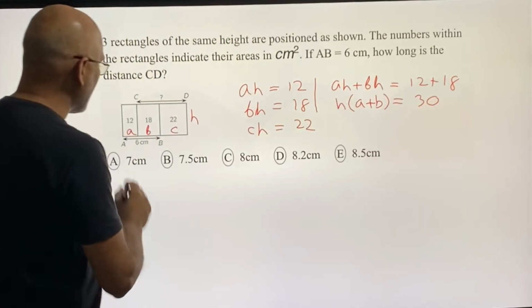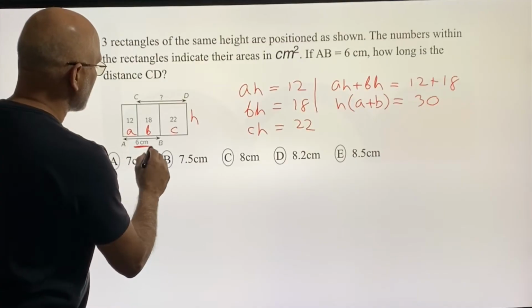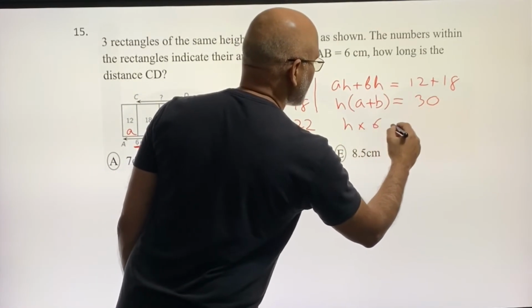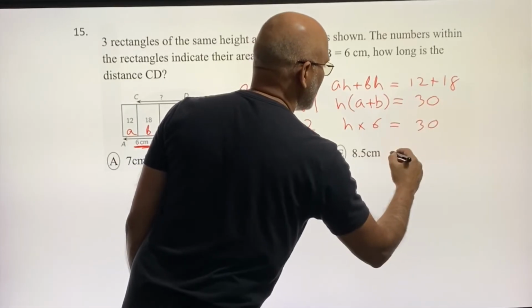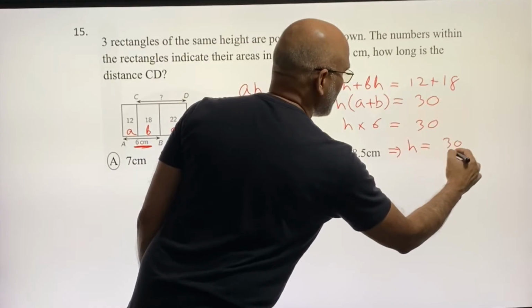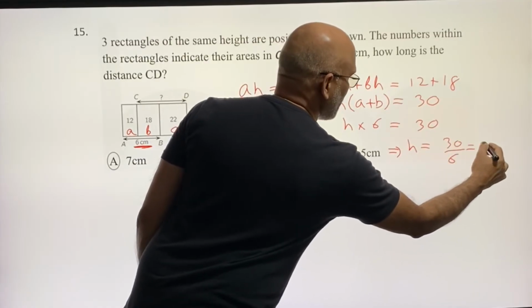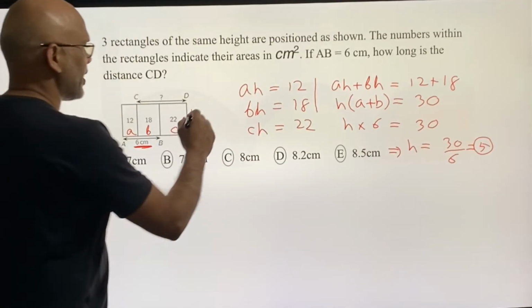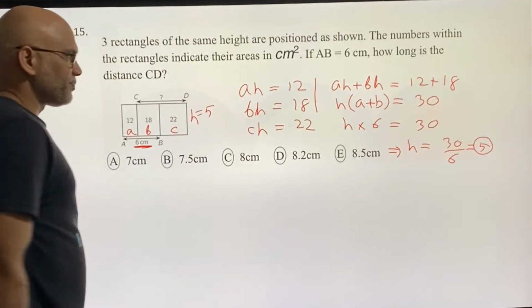But A plus B is 6, right? So h times 6 is equal to 30. So this tells me h is equal to 30 over 6, which is 5, right? This is what we also found out earlier. So h is equal to 5.